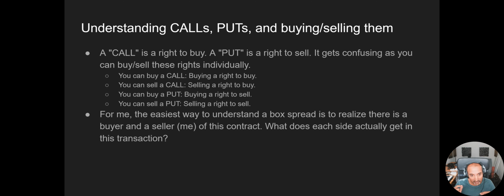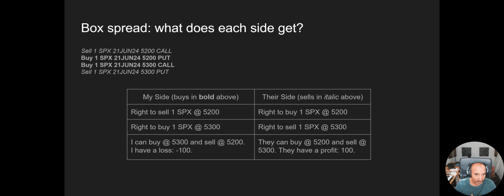And what you can think about is, what is each side getting or losing in this transaction? Is there a loss and is there a profit? So here is the same box spread, and I've separated it into a table of what happens on my side and what happens on their side, they being the buyer of this contract, who I'm selling to.